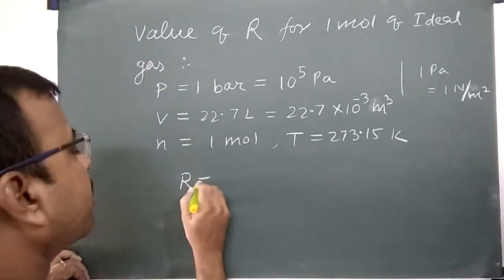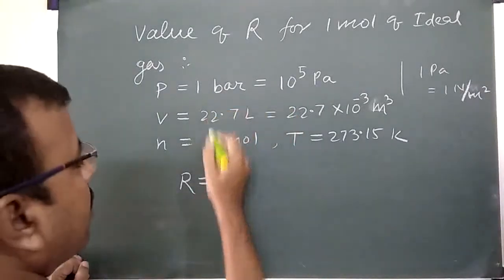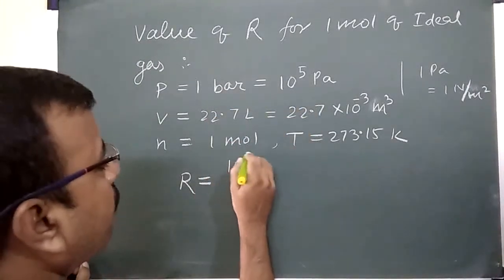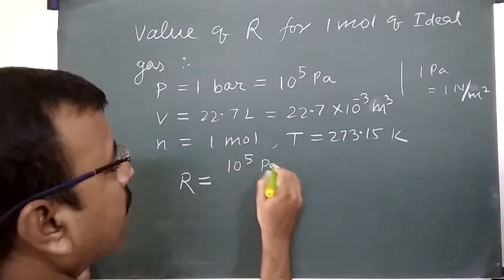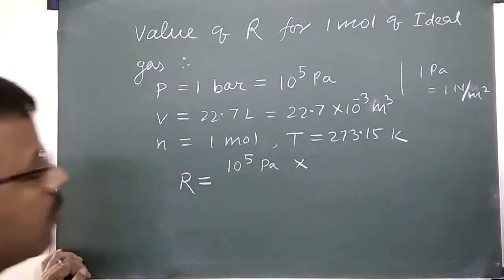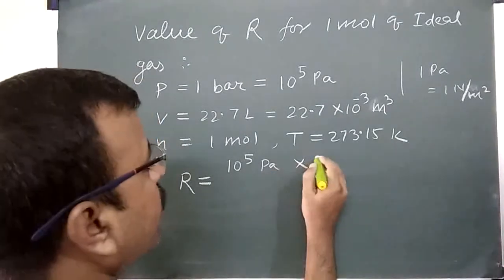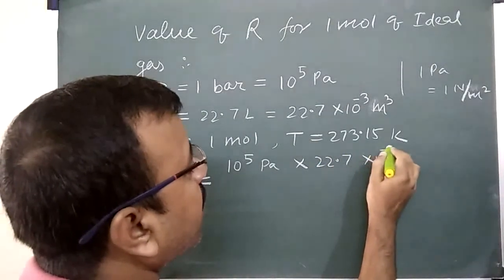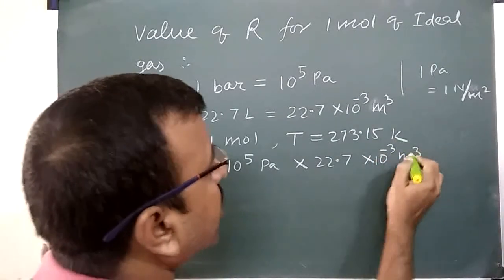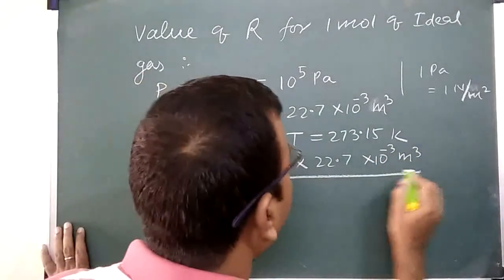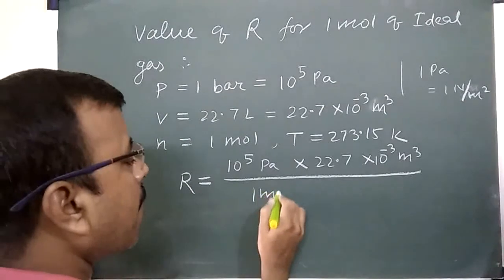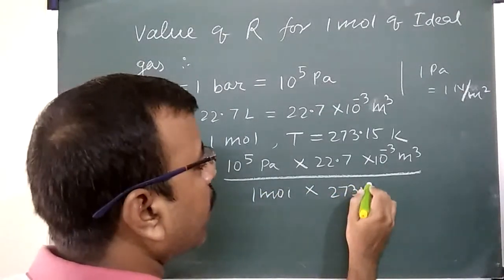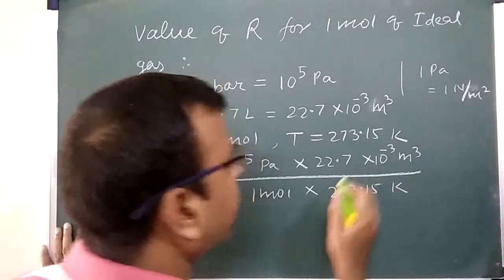Now if we put it, then what value are we getting, you see. Then R is equal to PV, here 10 to the power 5 Pascal, into volume 22.7 into 10 to the power minus 3 meter cube, by 1 mole into temperature 273.15 Kelvin.